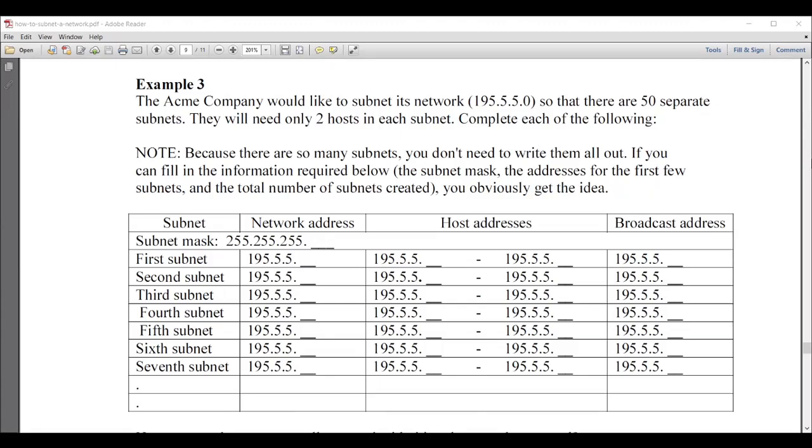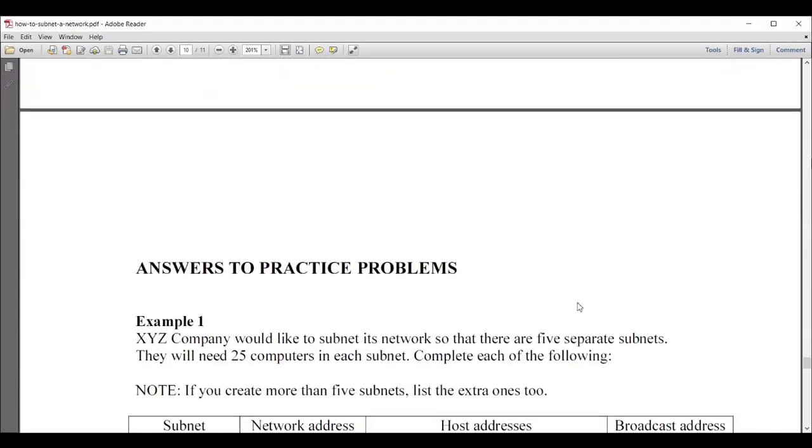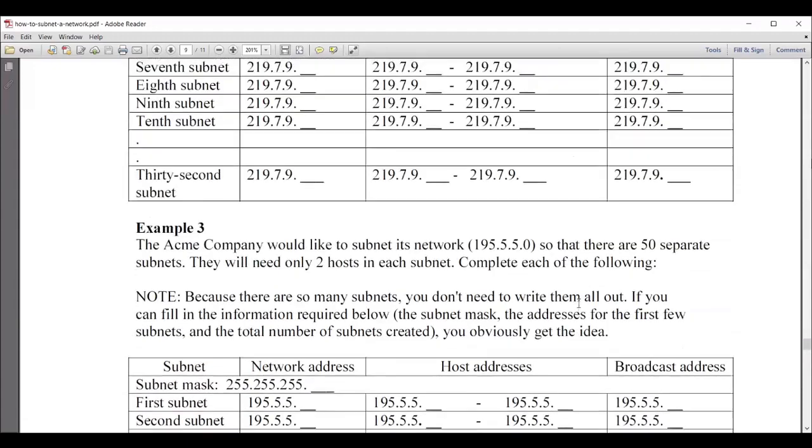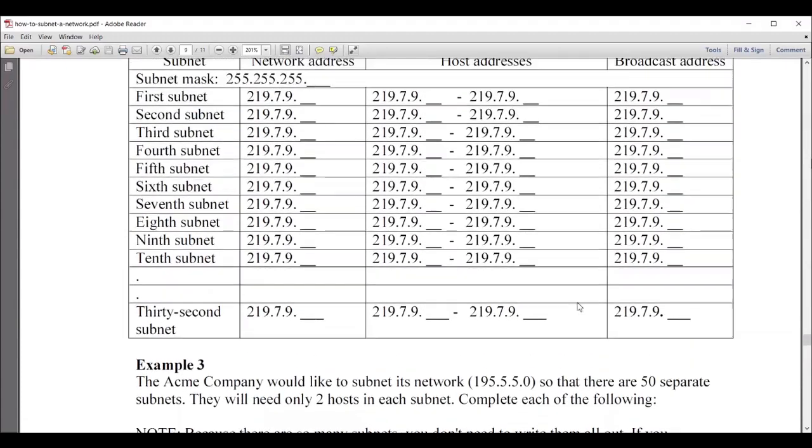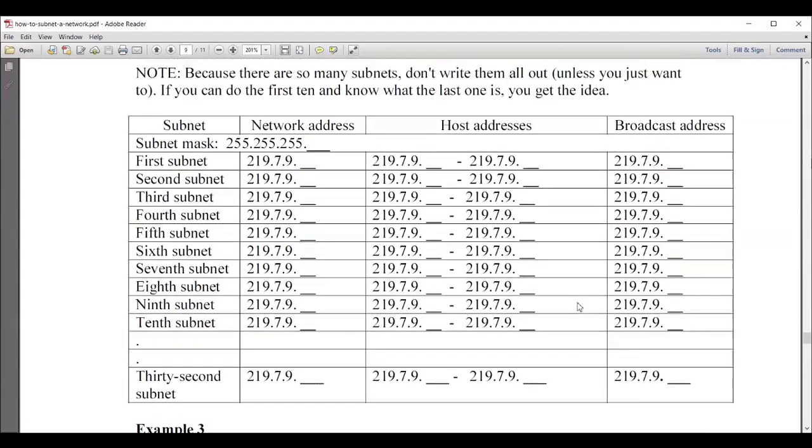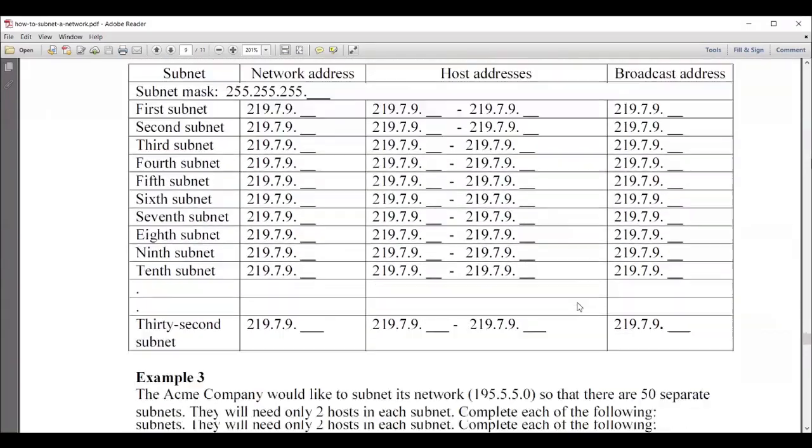So if you look at the answers, we can see that for the second one, the second question is this one. So I'll show you the answers.